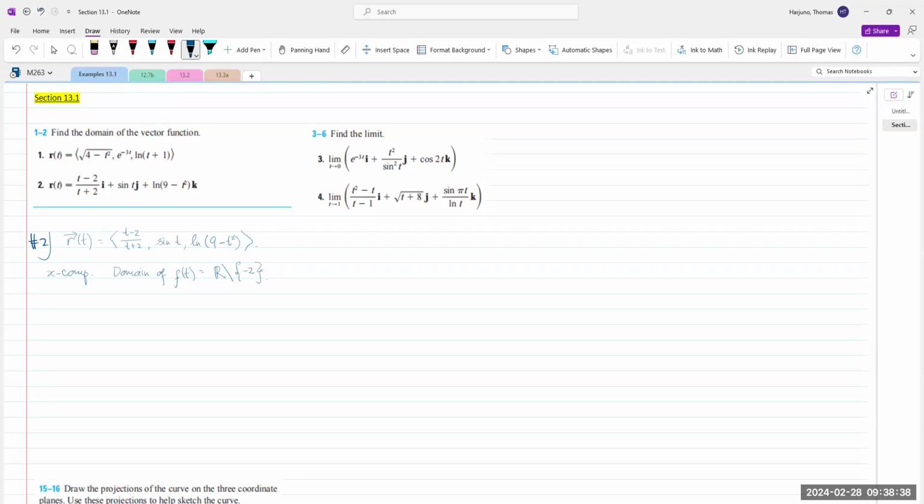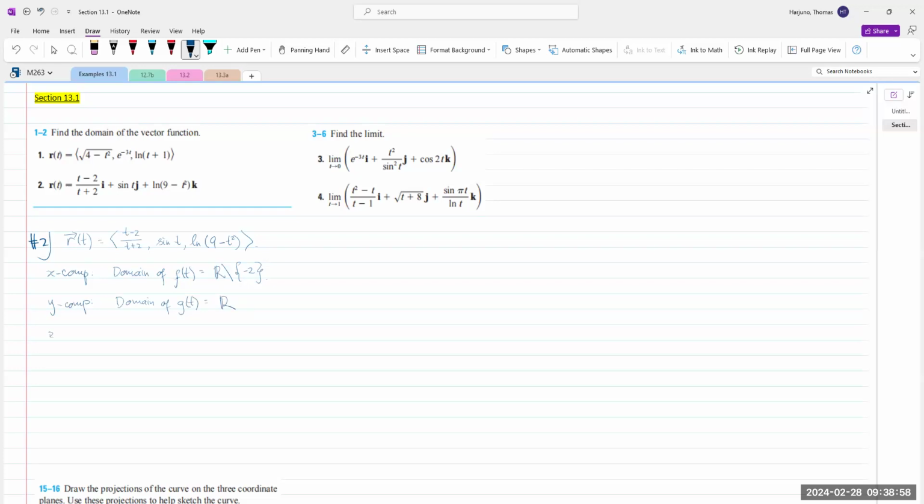So everything's okay except negative 2. For the y component, that's a sine function, so it's continuous everywhere. Therefore, the domain will be all real numbers also.